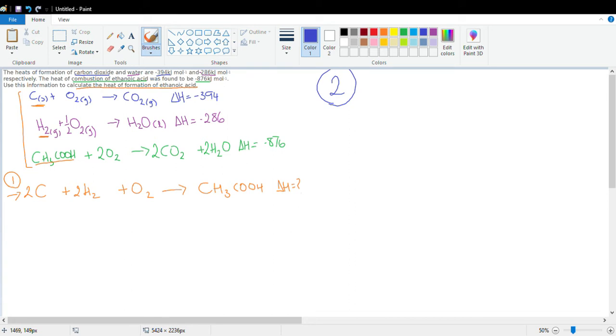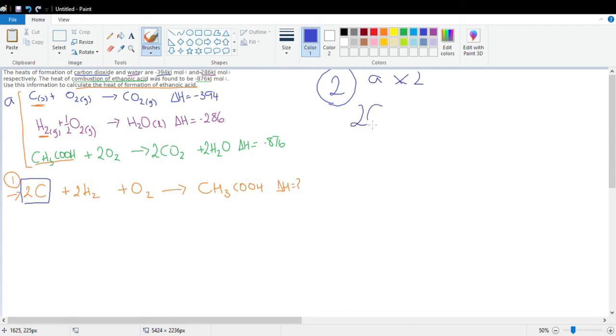In my equation, I can see that I need 2 carbons. So from equation A, I'm going to have to multiply that by 2 to give me 2 carbons on the left-hand side.